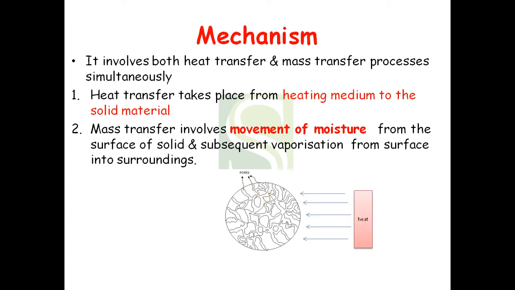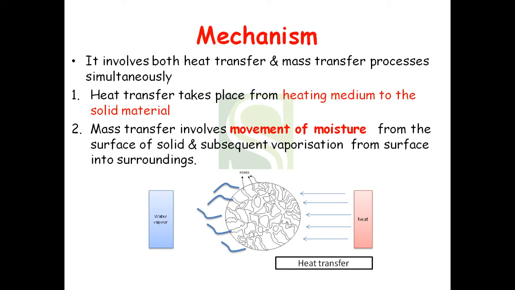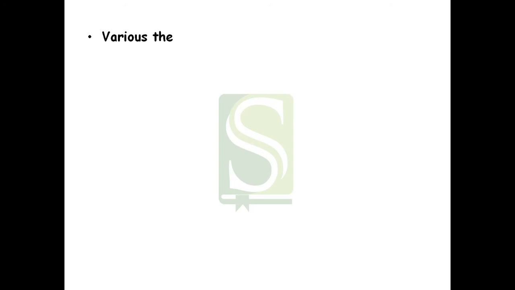When you apply heat, suppose dry hot air, that heat is transferred to the surface of the substance. This process is called heat transfer. Then the moisture comes from the voids over the surface, and from the surface the water gets evaporated. The water vapor is released into the atmosphere, and this process is called mass transfer. So drying involves both heat transfer as well as mass transfer.